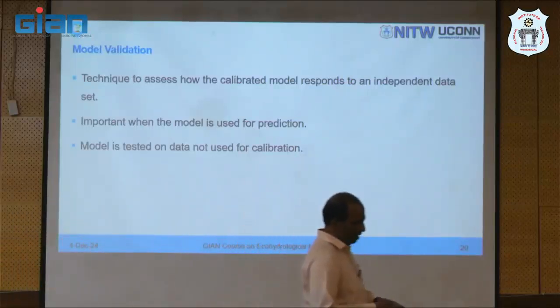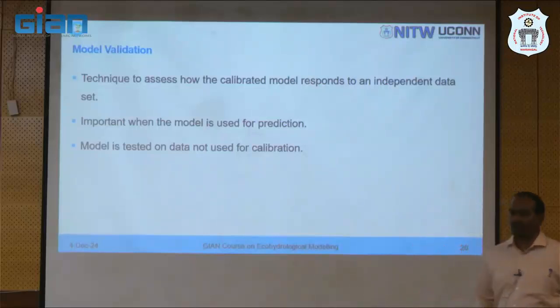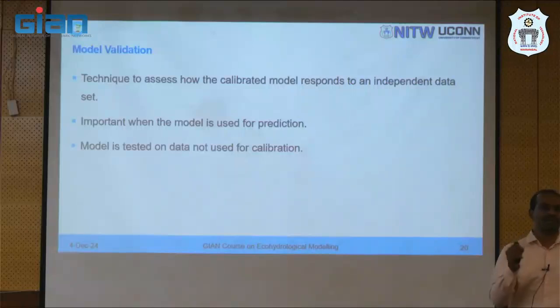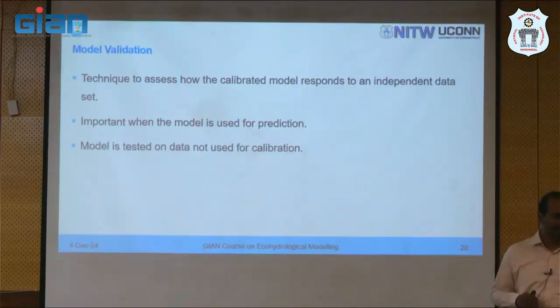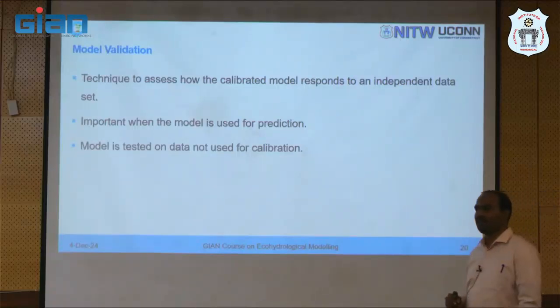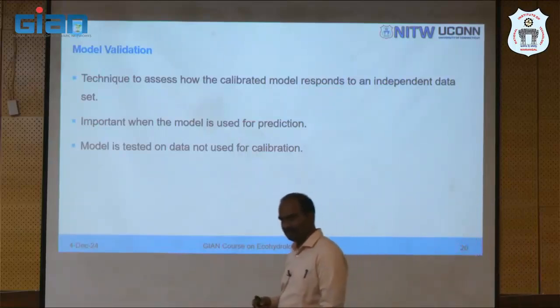Anyway, coming back. Now, from 2011 to 2024, you simulate with the same parameters that you got between 1990 and 2010, and then you evaluate how your model performs. If it is more or less similar to what you got in calibration, that means your model is well calibrated. However, if your model performs completely differently from what it did in calibration, then you need to go back and relook at your calibration, right?